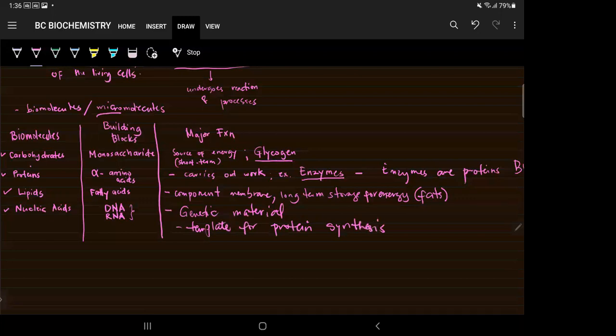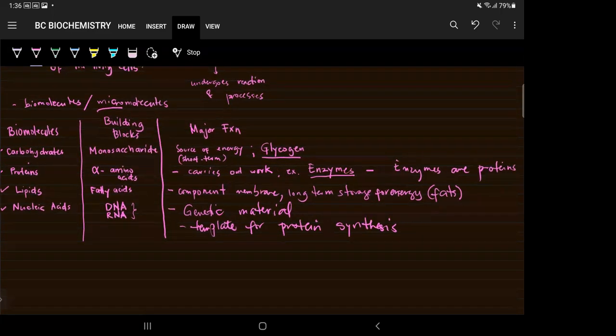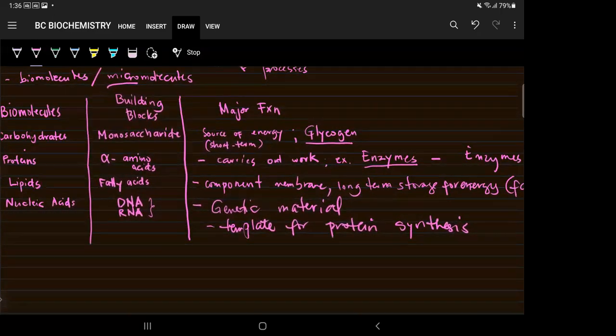We have the mRNA, the messenger RNA, a template to produce proteins, or shall we say to produce a sequence of amino acids, and then proteins. So that is the purpose of nucleic acids.